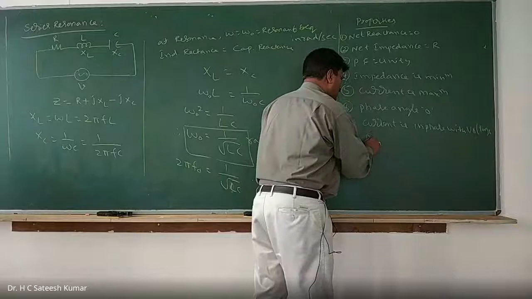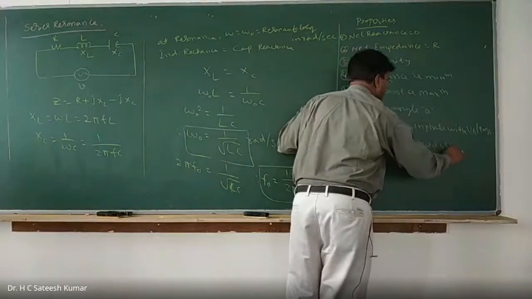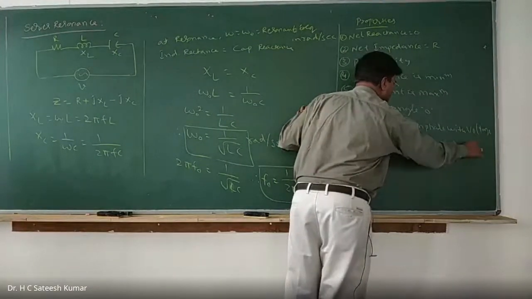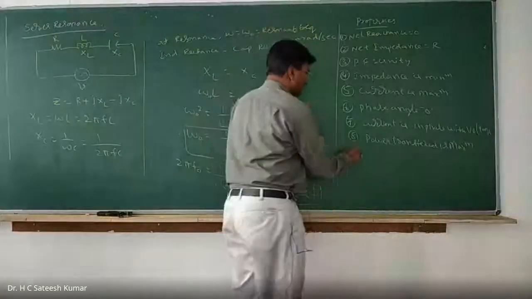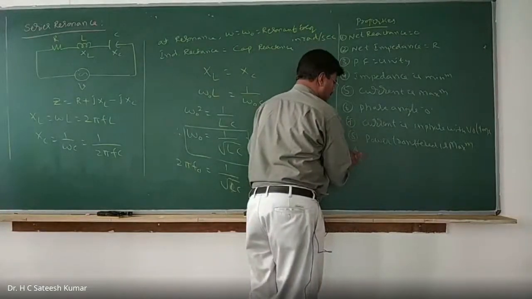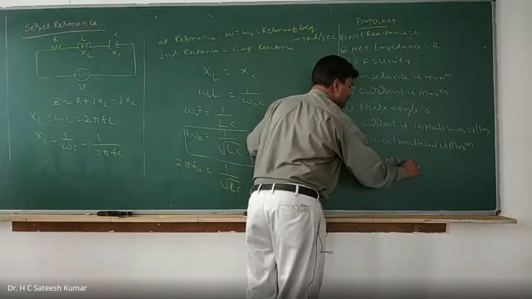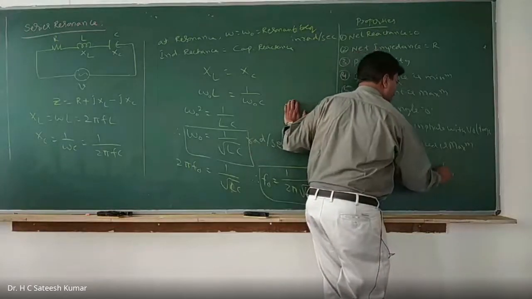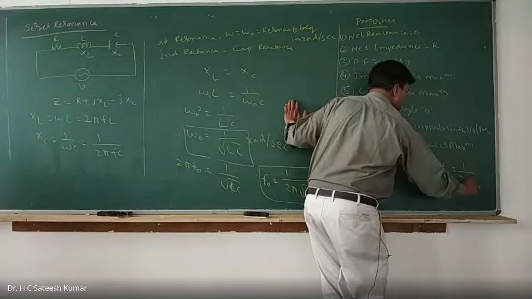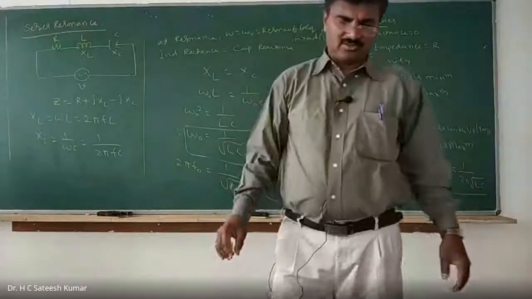Power transfer is maximum. And frequency at resonance, just a formula, ninth one, is given by F naught is equal to 1 over 2 pi root LC. So these are some of the properties of series resonant circuit, right?